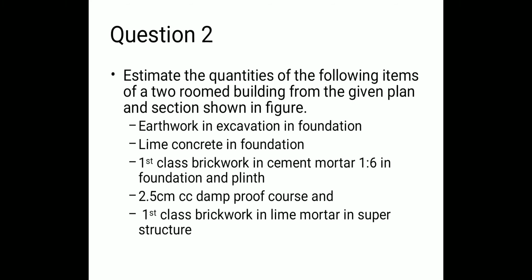Similarly, for a two roomed building, the question asks us to estimate the quantities of the following items for a two roomed building from the given plan and section shown in the figure: earthwork in excavation of foundation, lime concrete in foundation, first class brickwork in cement mortar, 2.5 centimeter cement concrete damp proof course, and first class brickwork in lime mortar in superstructure.